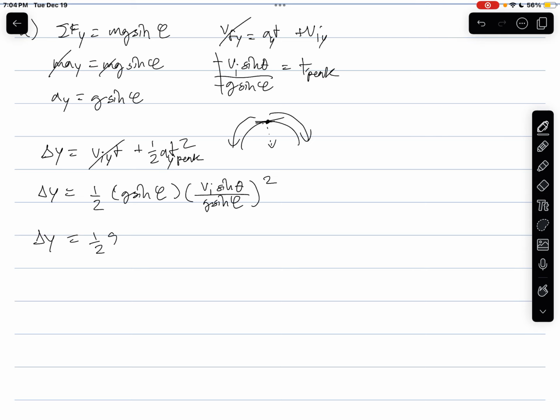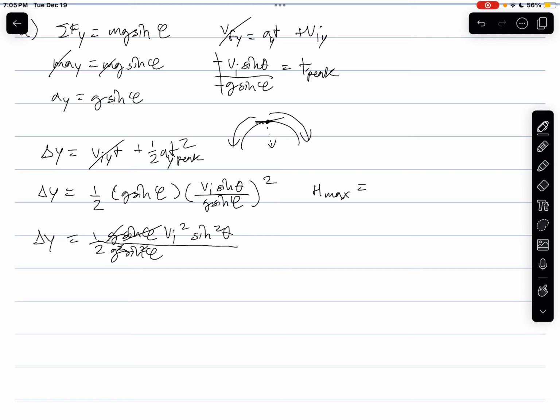So then delta y is going to be 1/2 g sine of theta 2 times v_i squared sine squared of theta all over g sine of theta 2 squared. I just forgot the square. So then that g cancels out, that sine cancels out, and you're just left with 2g sine of theta 2. To make this prettier, let me rewrite that.